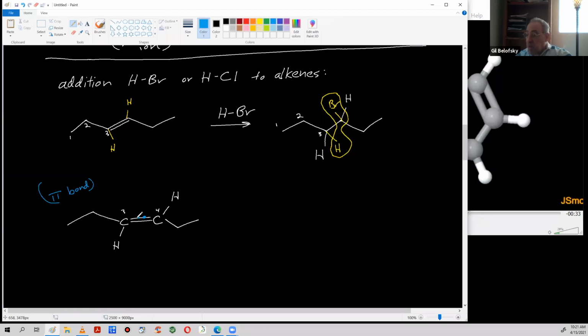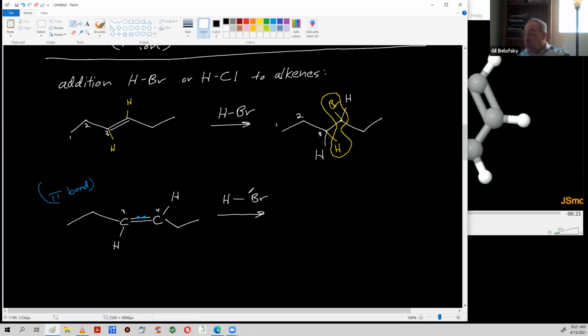But the key thing is that it has a pair of electrons that are more reactive than the electrons of the other bond that's present here. And since electrons are negatively charged, what they're looking to react with are regions of positive charge, or a region of partial positive charge.